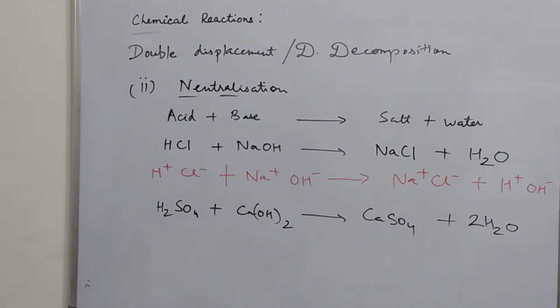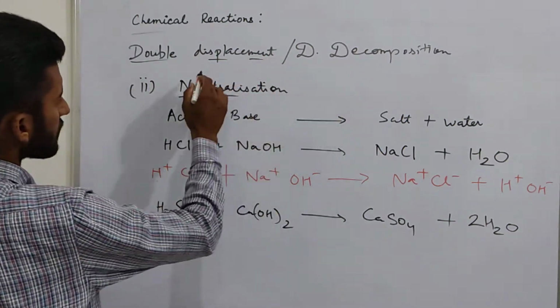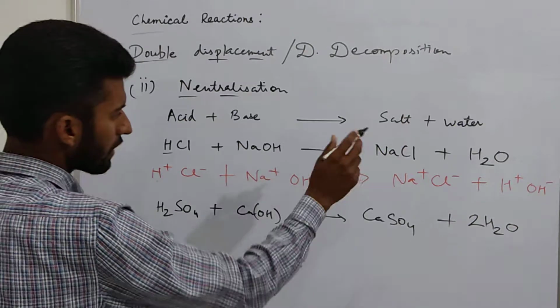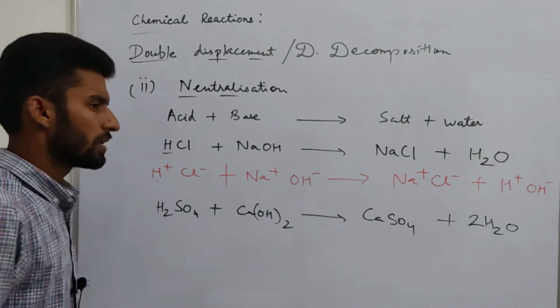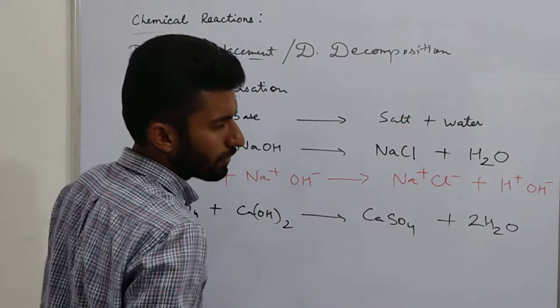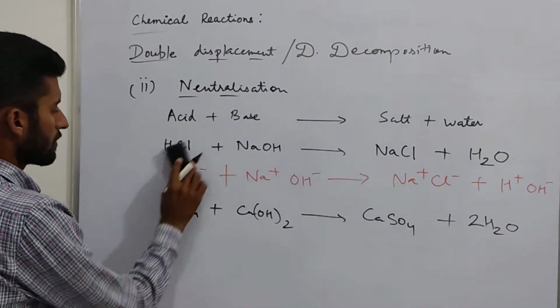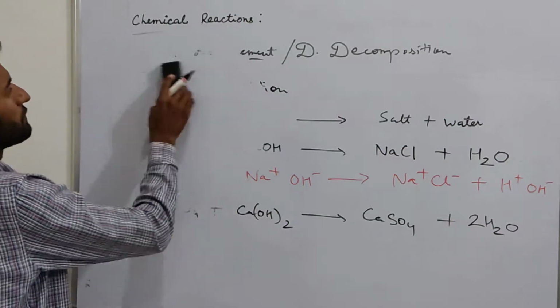So this type of reaction involves the formation of salt and water only, and it also belongs to the same category, double displacement or double decomposition. Means two radicals, positively or negatively charged particles, get displaced from their position, and in turn we get a new substance.